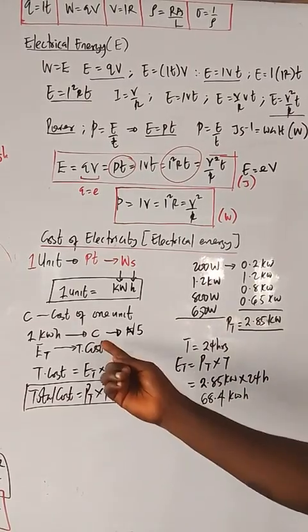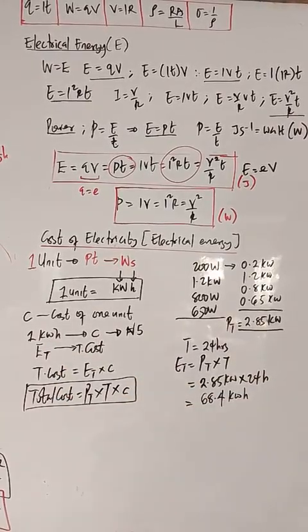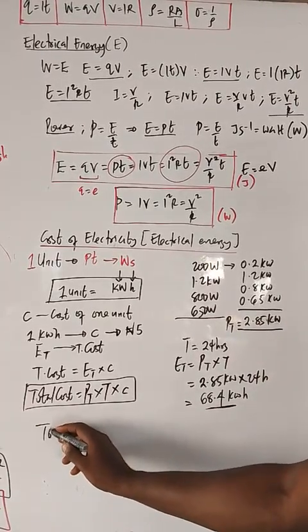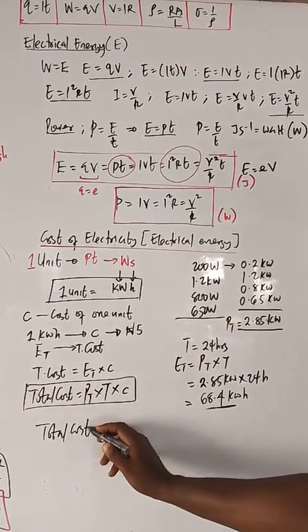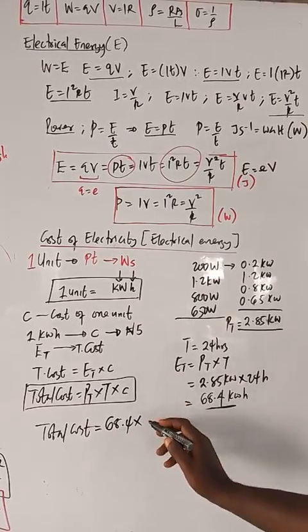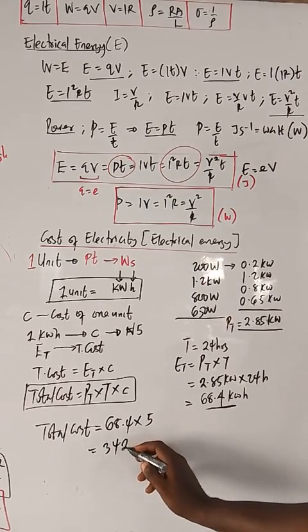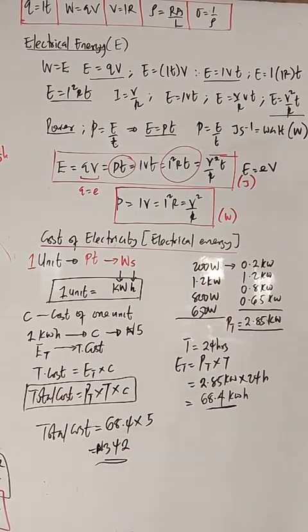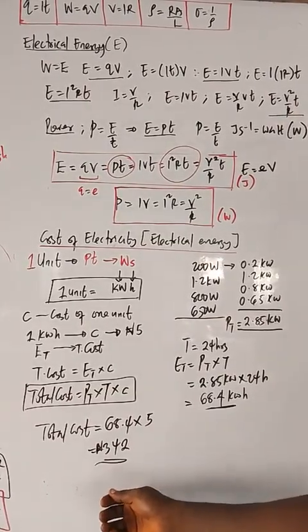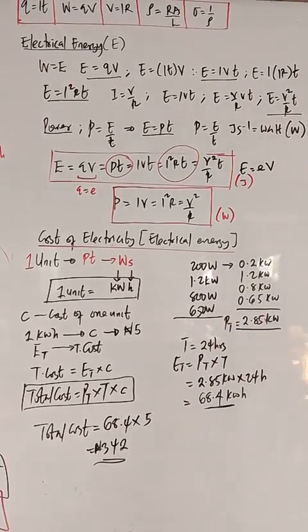If small c is 5 naira, and this is your total energy consumed in a day, we can calculate total cost per day. So total cost in this case will be total energy 68.4 times the cost, which is 5, and that will be 342 naira. So it means every day you'll be spending 342 naira to run all those appliances if you have to put them on for 24 hours.